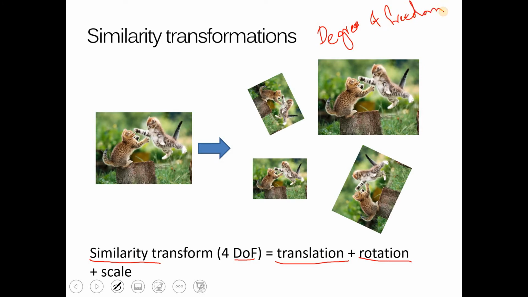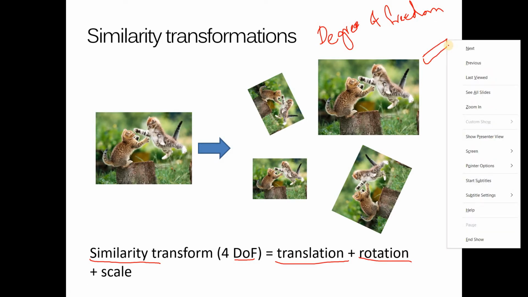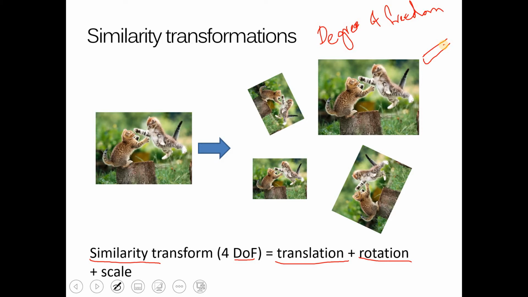Degree of freedom is a term used in the case of robotics, for example, if there is a small robotic arm tied at one corner, and it can rotate like this, up or down.